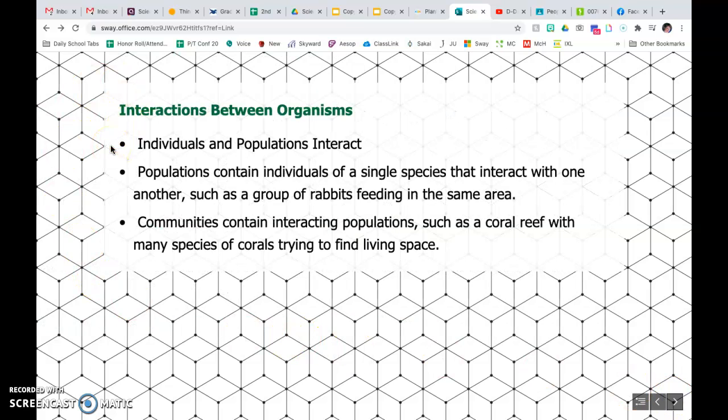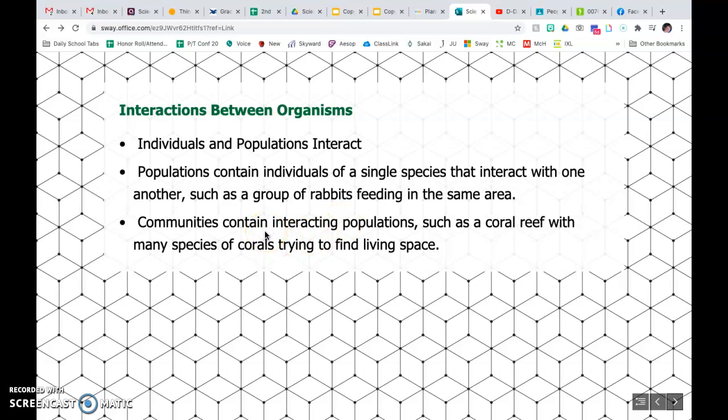And we know, based on other lessons, that the organisms within an environment interact with each other. So both individuals and populations interact. We learn that populations contain individuals of a single species, like our alligators, that interact with each other, such as groups of rabbits feeding in the same area.